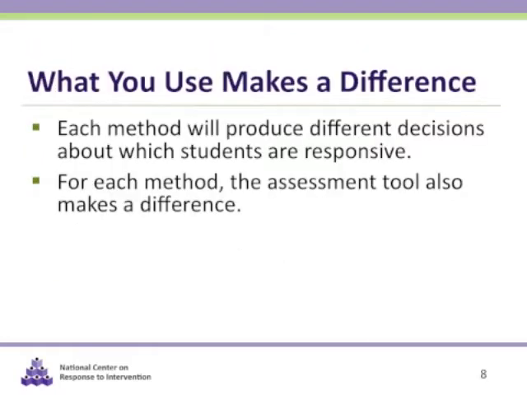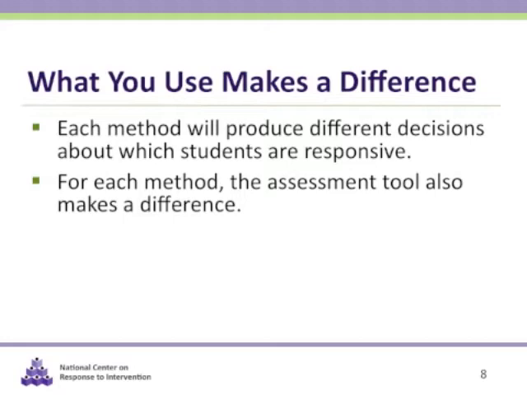Now, whatever you decide to use in terms of the measure and the method that you apply to that measure, that is, once you've picked a measure, are you going to use final status? Are you going to use slope of improvement? Or are you going to consider a combination of slope and final status?